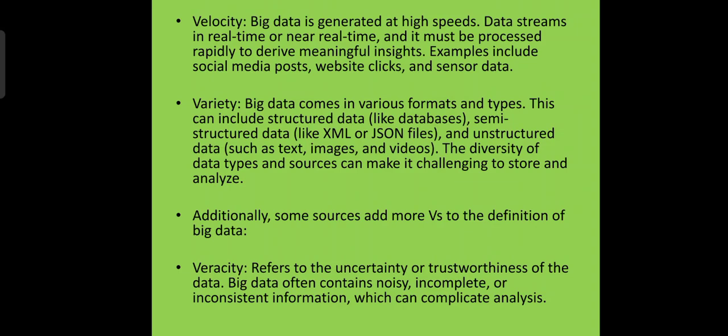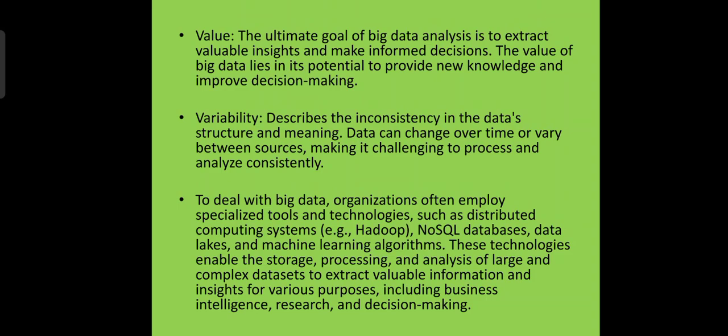Additionally, some sources add more V's to the definition of big data. Veracity refers to the uncertainty or trustworthiness of the data. Big data often contains noisy, incomplete, or inconsistent information which can complicate analysis. Value: the ultimate goal of big data analysis is to extract value, insights, and make informed decisions.